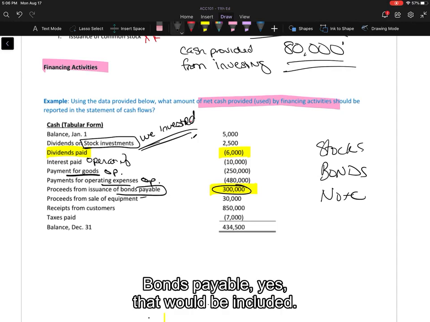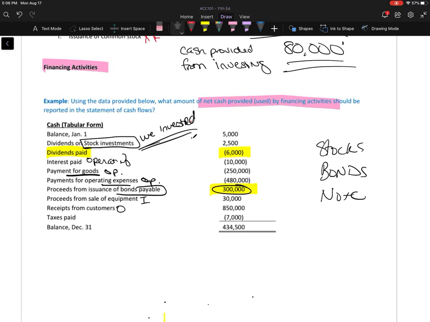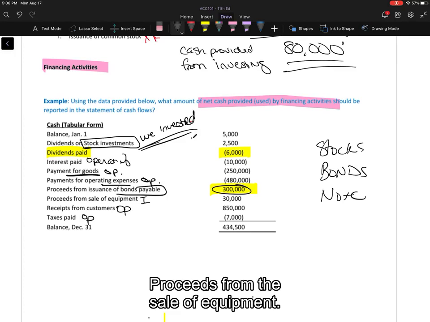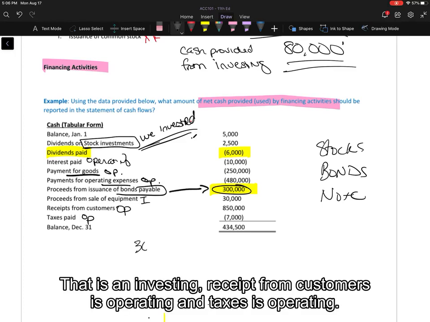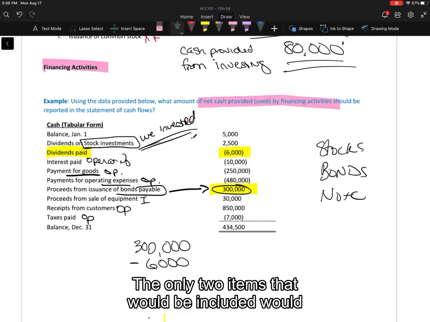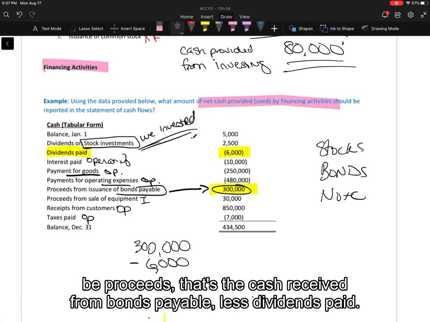Bonds payable, yes, that would be included, right? Stocks, bonds, and notes. Proceeds from the sale of equipment, that is in investing. Receipt from customers is operating, and taxes is operating. So the only two items that would be included would be proceeds, that's the cash received from bonds payable, less dividends paid.